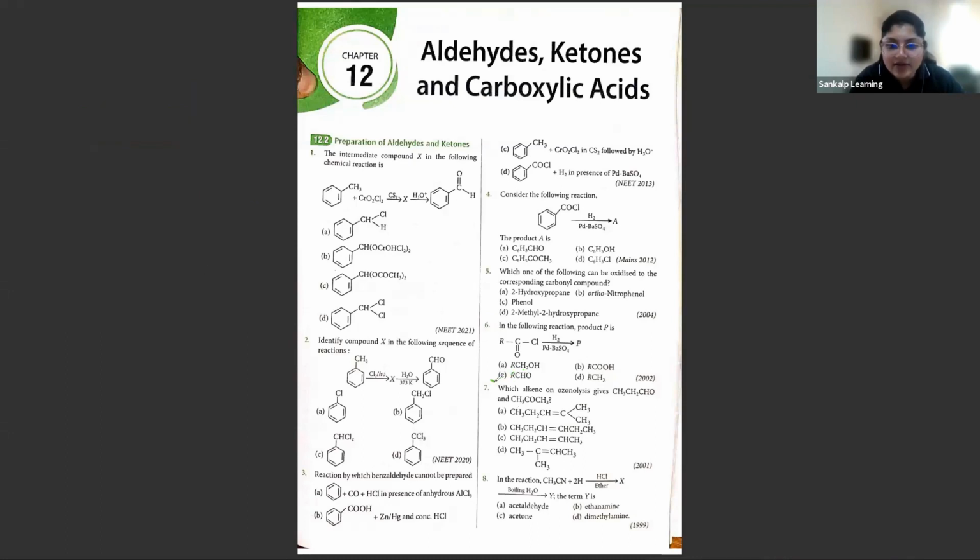Next is the seventh one. Which alkene on ozonolysis gives CH3CH2CHO and CH3COCH3? So you have to see which alkene. How to do this ozonolysis reaction?